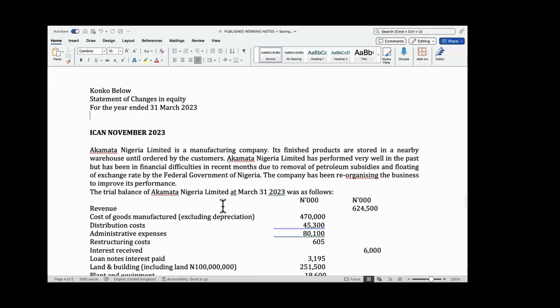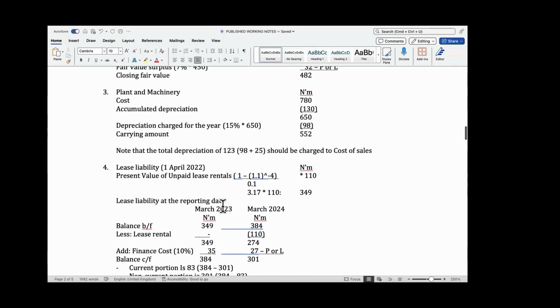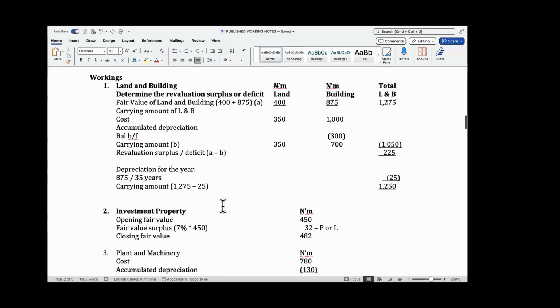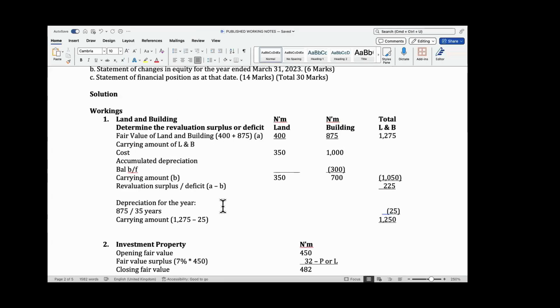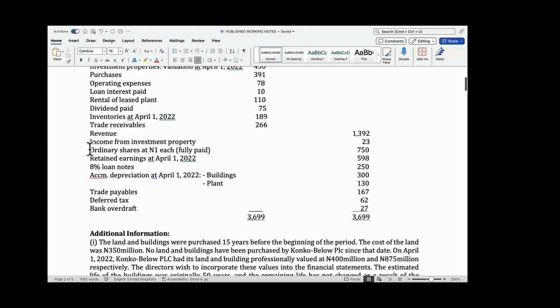So I'll need to set this up based on the equity items that I have.